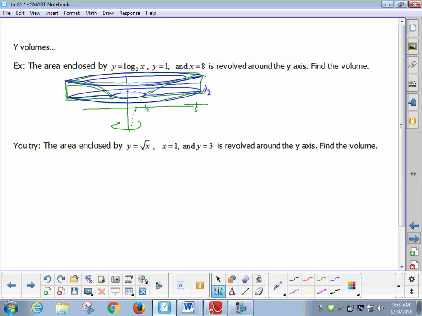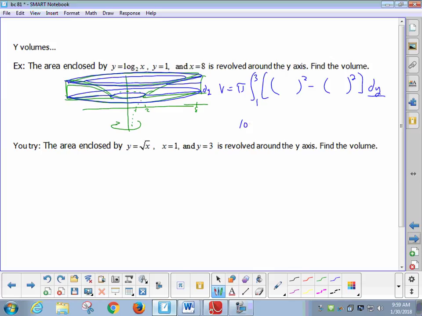All right then. So the volume is still pi big R squared minus little r squared times a height, but now the height is dy. Because it's y, I need limits of integration that are y-ish. Are the limits of integration 2 to 8 needed? What are they? 1, 2, 3. How can we get that?